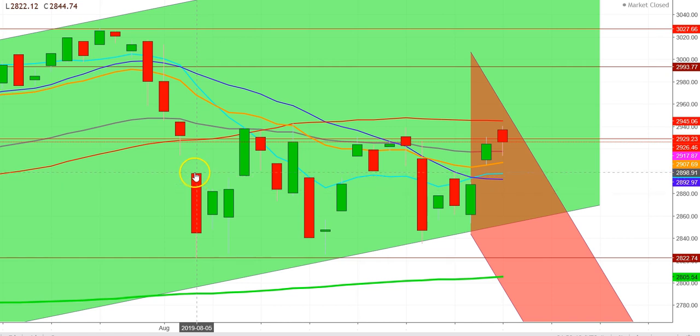No doubt that the S&P 500 index tried to move upward but found stiff resistance at these levels, at the level of 2941.